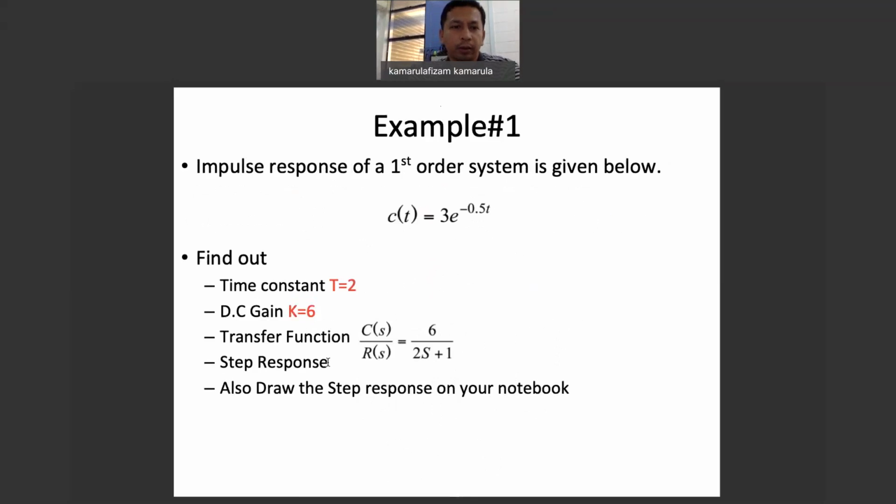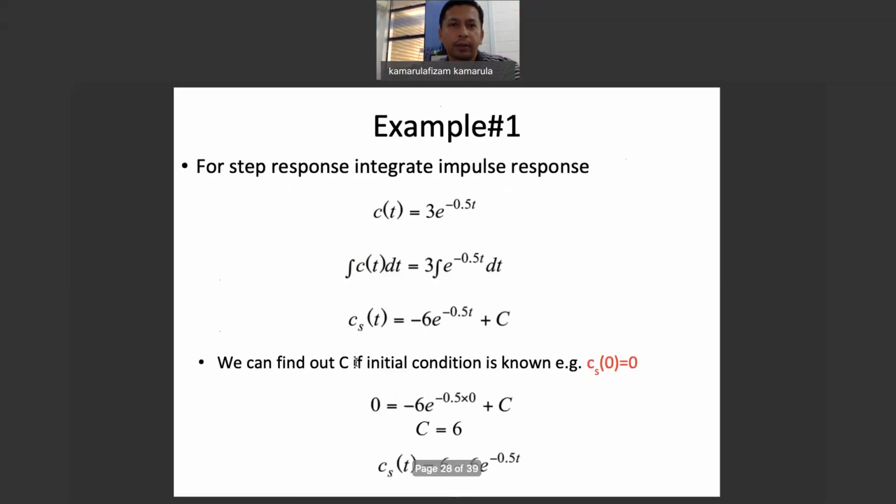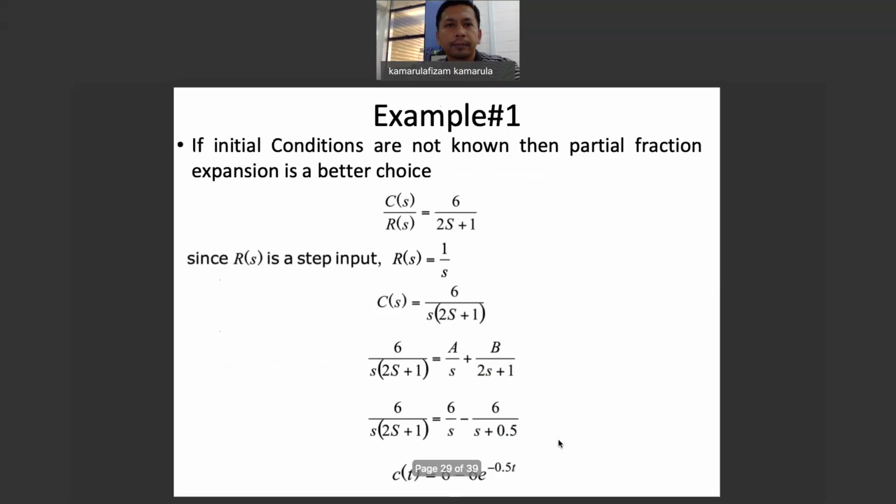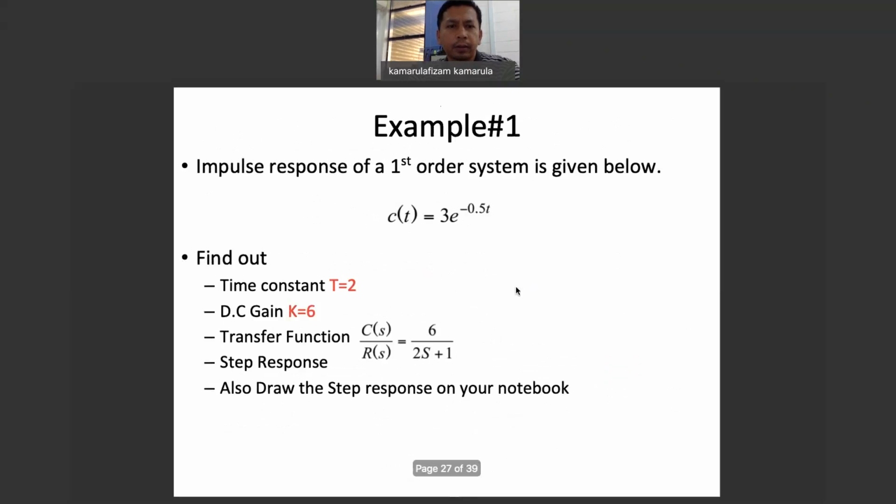Now we will be working on the step response. For the step response, you have to integrate the impulse response. You will have something like this. This is basically your step response, and this is where you put in the step input.